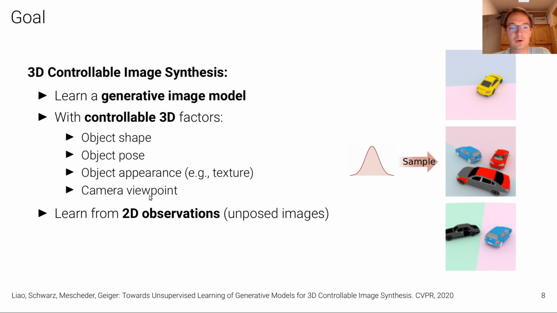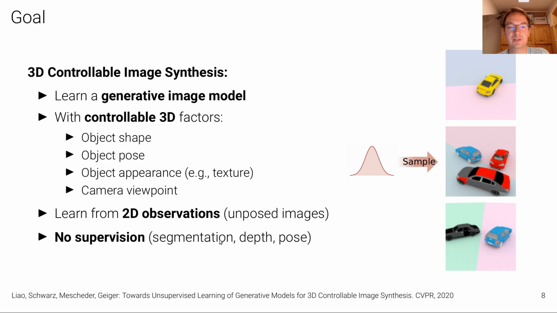And where we learn all of this from 2D observations alone. We don't need, for instance, the pose of the input images, which is often not available. And we have also no other supervision, like semantic segmentation or depth maps or pose information.